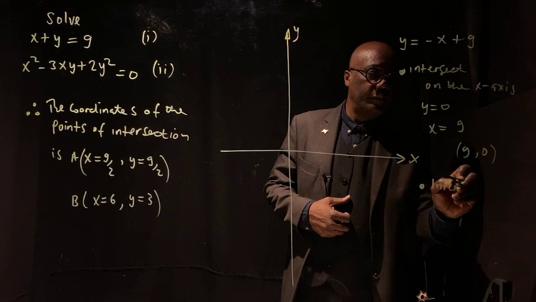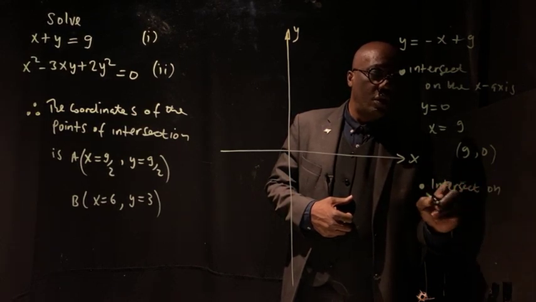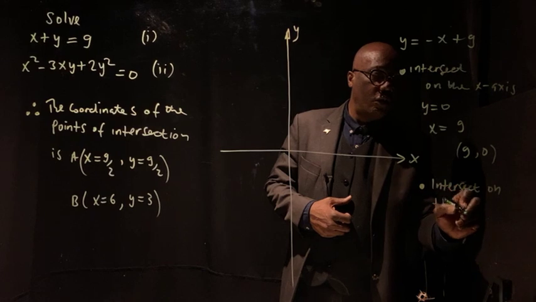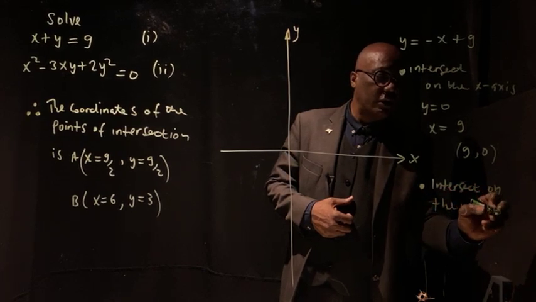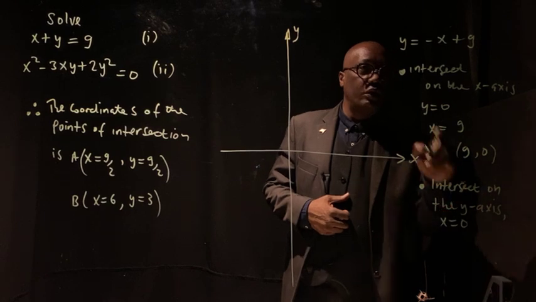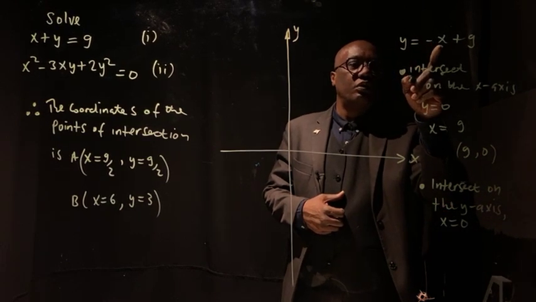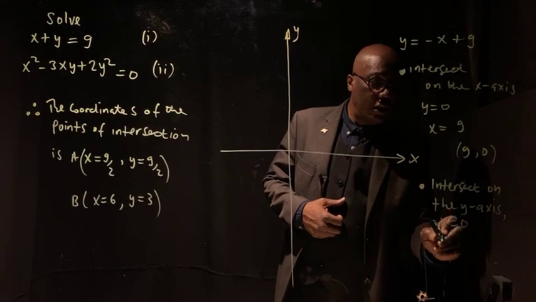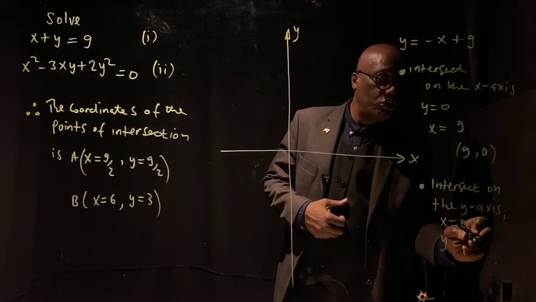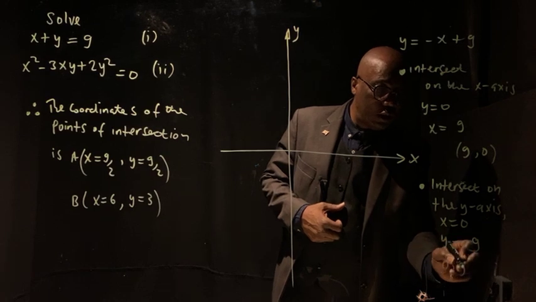Now, secondly, it intersects on the y-axis, where x equals 0 in this equation. In that case, when x is 0, then y will be equal to 9, which you can also write like this.